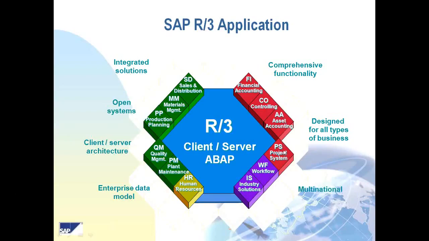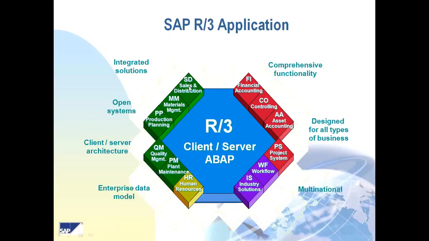There is the PS system, project systems, and of course workflow and industry-specific solutions. There are 22 industry-specific solutions available in SAP systems, for example, wholesale, retail, banking, insurance, and so on. We come to the logistics department.